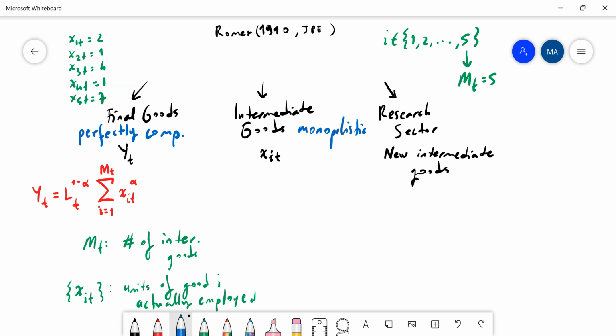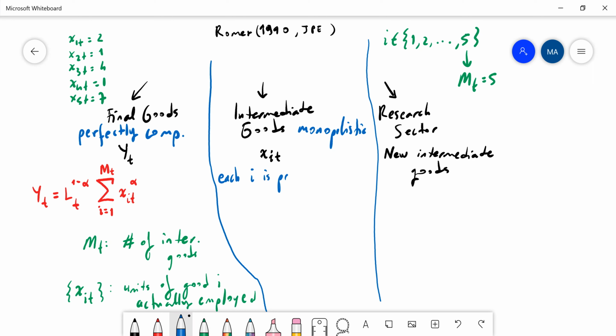Okay, we are assuming that. So let me draw the boundaries here. Now we are assuming that this sector is monopolistic. So each i is produced by a monopoly firm. So how can we understand monopolistic market structure here?